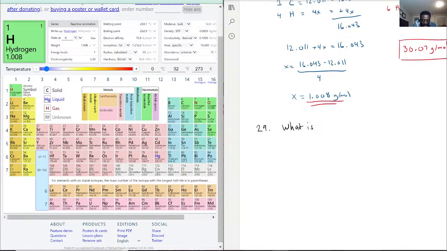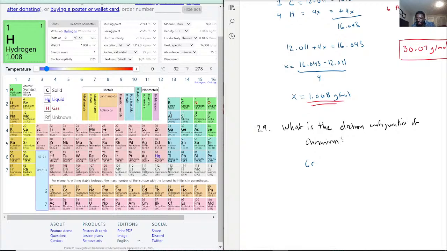What is the electron configuration of chromium? Now let's actually do this question. Chromium, right? Okay, we have Cr. So with that, we already have a great start. That's the whole question. I'm kidding.